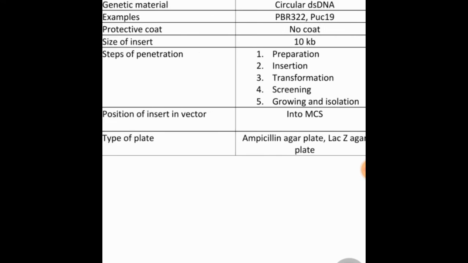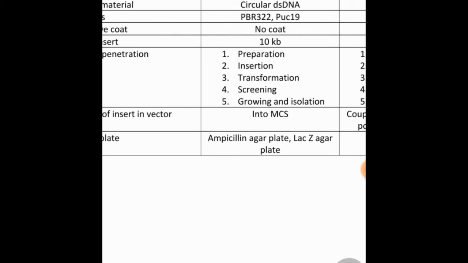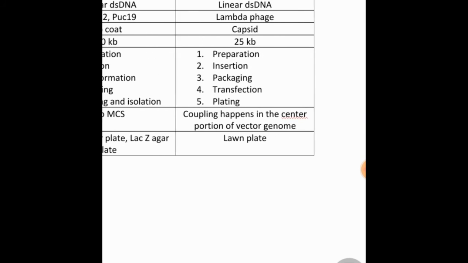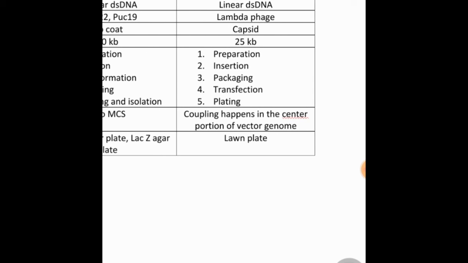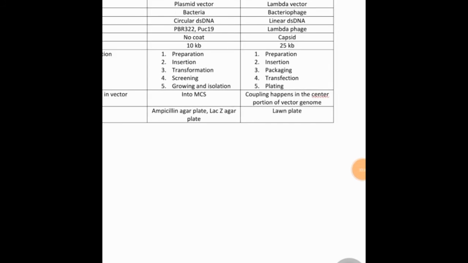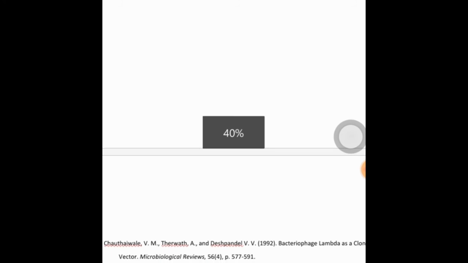As for the type of plate, usually for plasmid vector, we use an ampicillin agar plate or a lacZ gene agar plate. As for lambda vector, we use the lawn plate. All of this I obtained from past lecture notes and also from this journal, Bacteriophage lambda as a cloning vector, from the Microbiological Reviews journal.